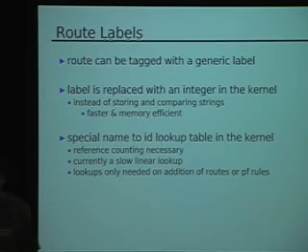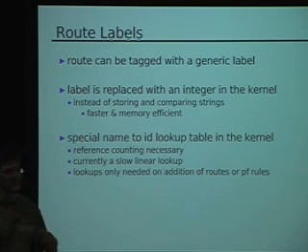So route labels. The idea behind this is that we can tag routes with a specific label and just name a route with something. Inside the kernel, we then replace this label with an integer that we attach to the node. It's faster to compare 2 integers than to do a string compare of 2 strings.